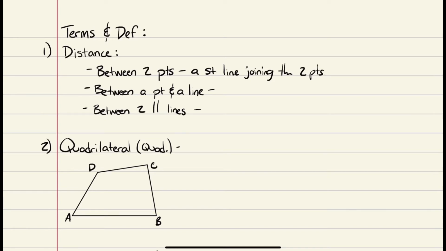The distance between a point and a line: we've talked about also that if we want to find the shortest distance between a point and a given line, it would be a perpendicular to that line. So the distance between a point and a line is the perpendicular to that line from the given point.